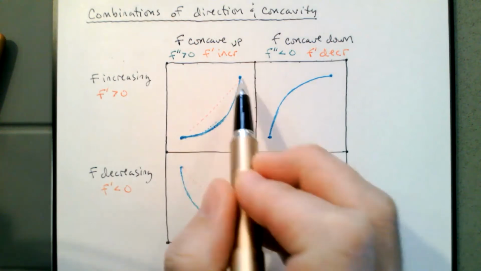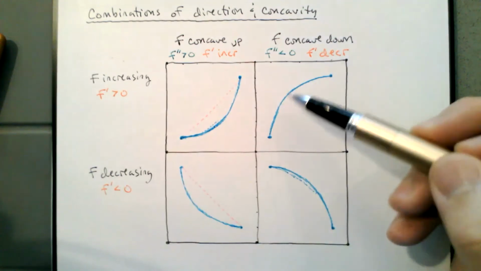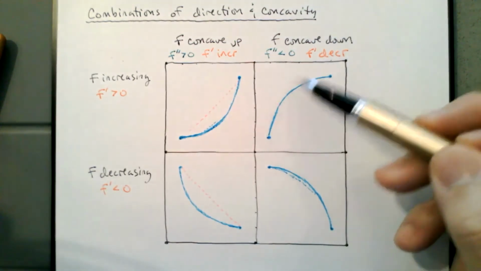And then on the square on the top right. In other words, F, the function, is increasing, F prime is positive, isn't it? Yes. The function is increasing. The slope at any point in this graph is going to be positive.